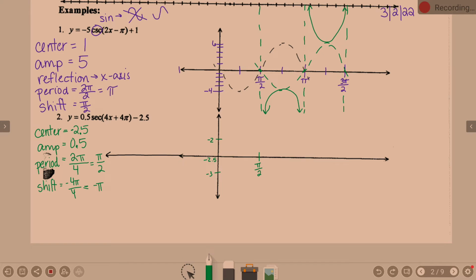Now, to the left, I would mirror this. If this is pi over 2 to the right, can you mirror it to the left? And easier said than done. That's approximately negative pi over 2. Keep in mind, I'm going to have to go negative pi. So how far is negative pi? That's another pi over 2, isn't it?